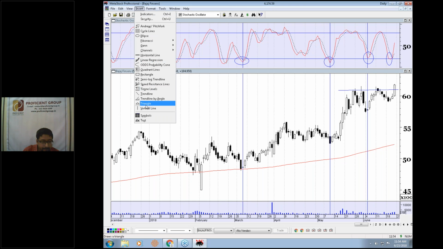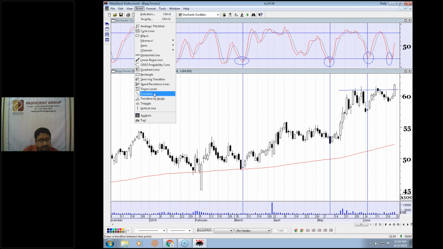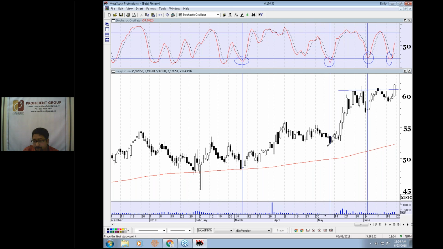Here it is. So this is the ascending triangle breakout, which is a sort of bullish continuation pattern, and there are lots of implications with this.